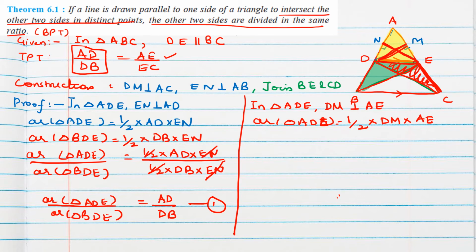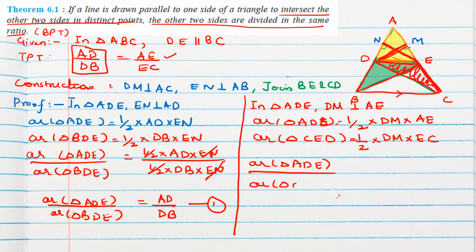So the area of triangle CED is half DM into EC. Again take the ratio, area of ADE by area of CED is equal to half DM AE over half DM EC.